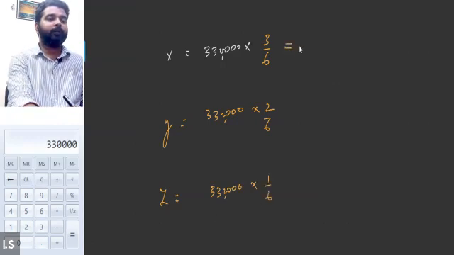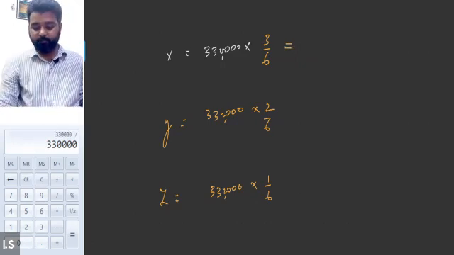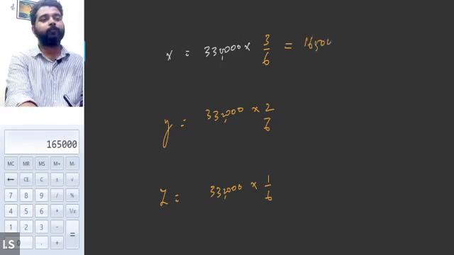So X should have got 3,30,000 divided by 6 into 3. X should have got 1,65,000.